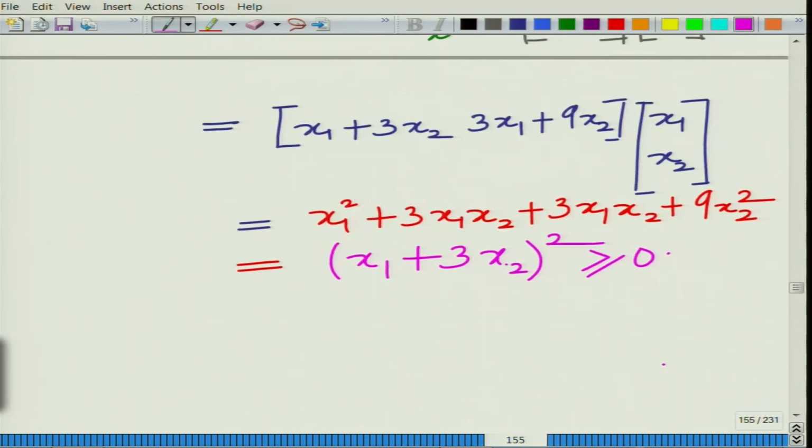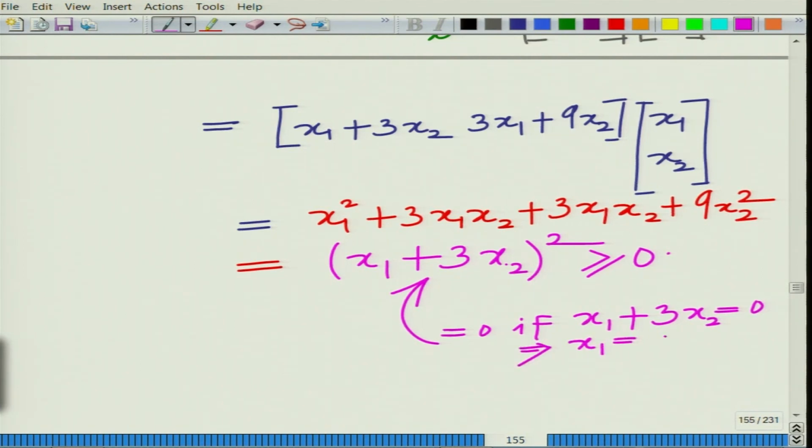In fact, this can also be equal to 0 if x1 plus 3x2 equals 0, or x1 equal to minus 3x2.